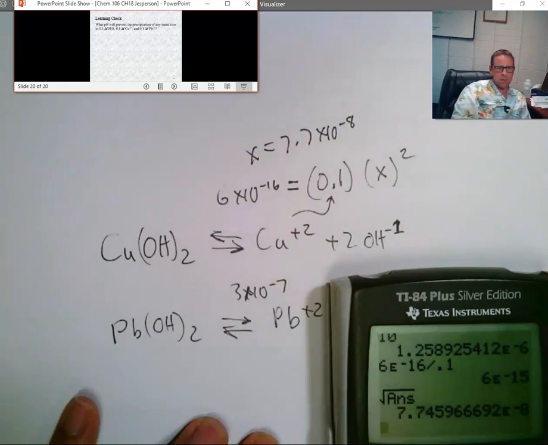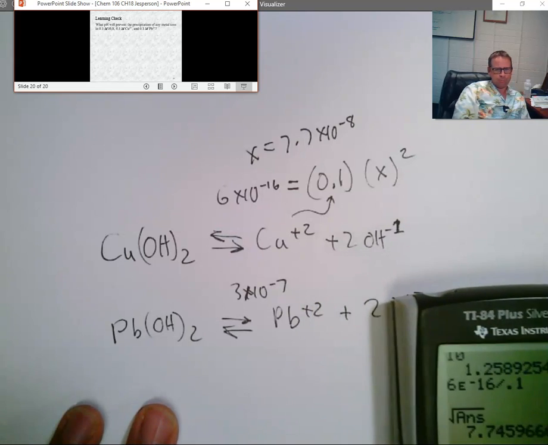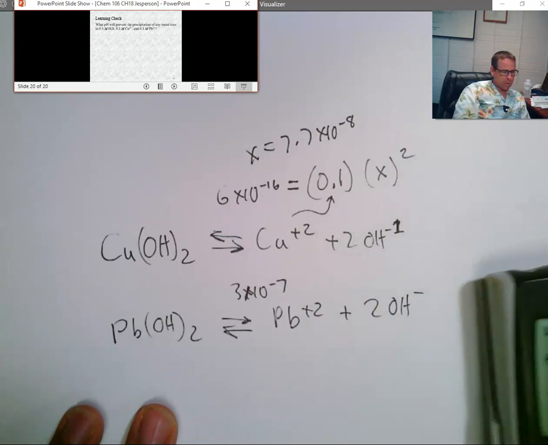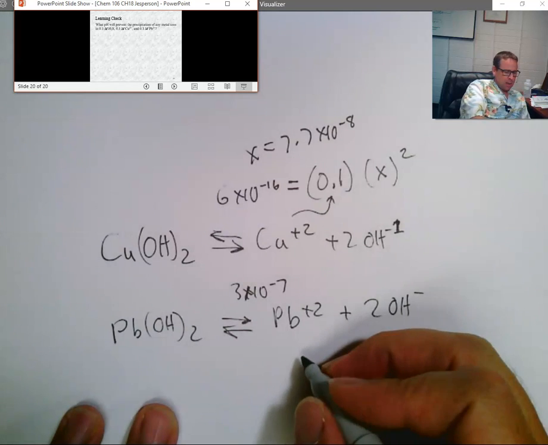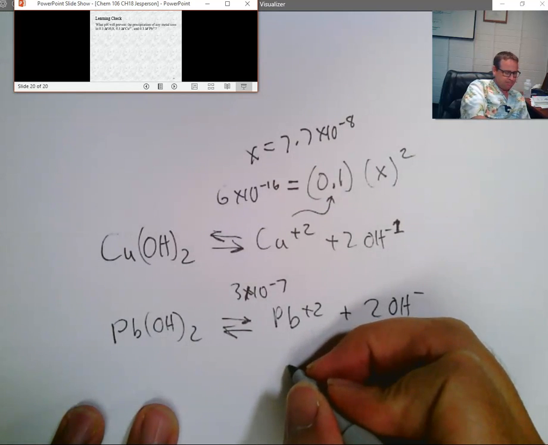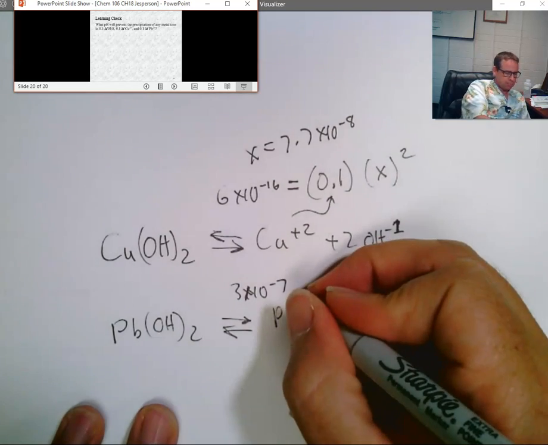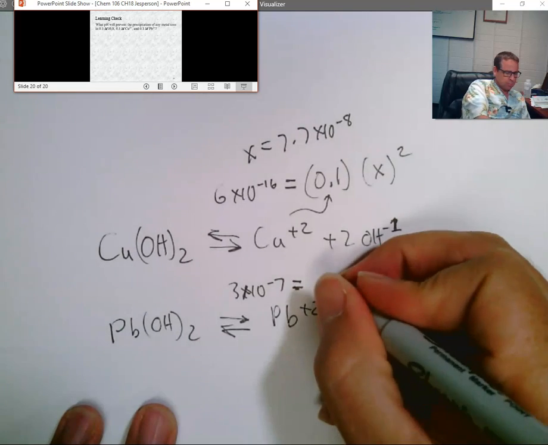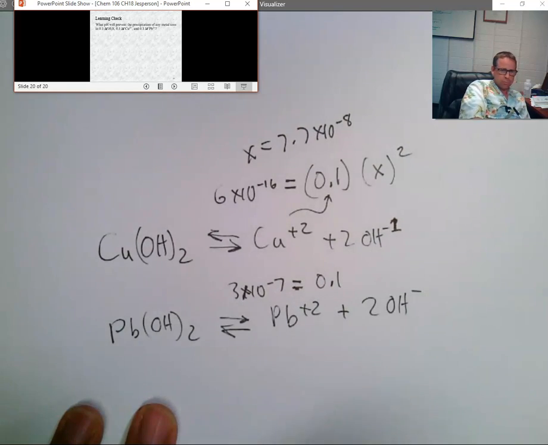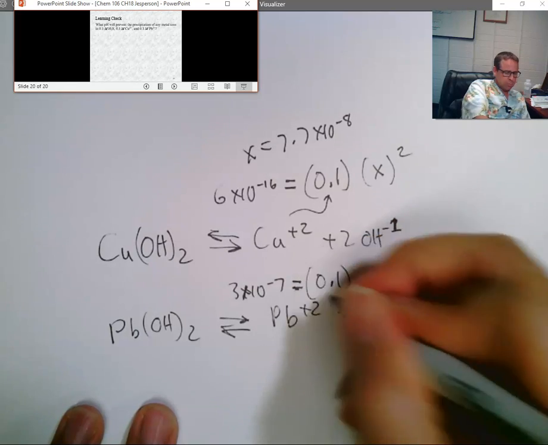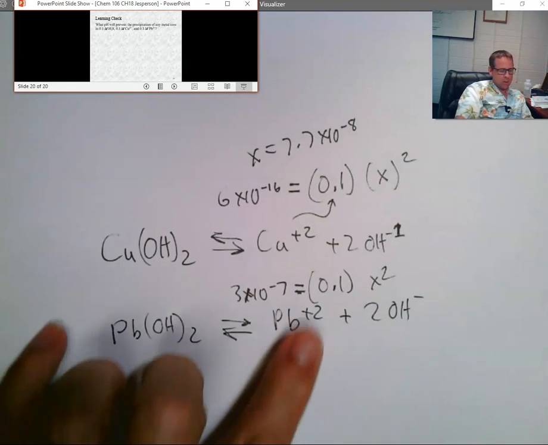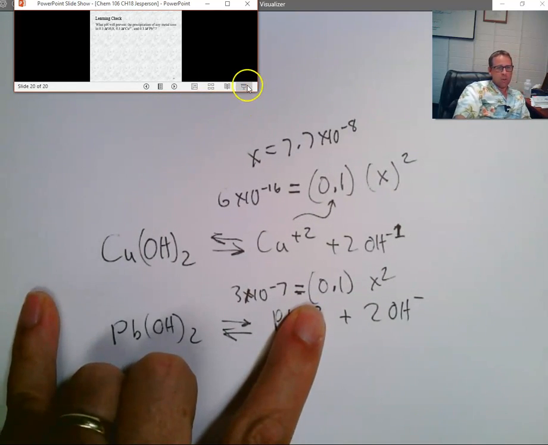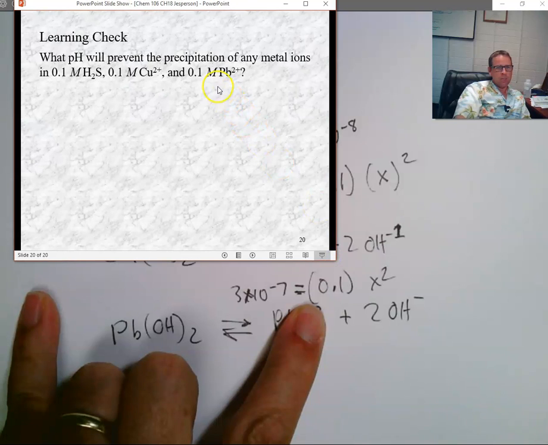Is that what you got, Sarah? Yes. Okay. Then this one down here. Yeah, that'll be 3 times 10 to the negative 7th equals 0.1 times X squared. And just in case anybody's wondering, that 0.1 comes from these initial concentrations here.